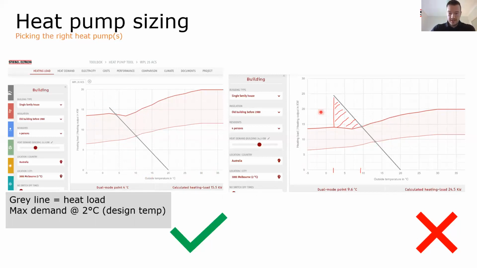The opposite on the opposite end, here, sorry, quickly going back, dual mode point is 4. In this case, that's the bivalence point, which means at this point, where's the dual point? It should be 4 here. Sorry, it's up here. It's a little small for me. So up here, the dual mode point being there's a teeny tiny bit left of the heat load that the compressor, which is covered by this red area, that's the compressor range of our heat pump, can no longer cover by itself.